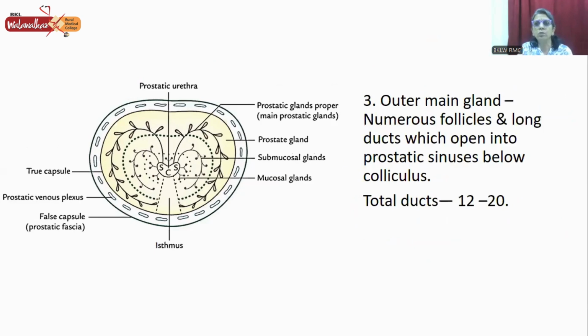The outermost layer is the main gland of the prostate, with numerous follicles and long ducts, which open into the prostatic sinus below the colliculus. The ducts present in the prostatic gland are about 12 to 20 in number.